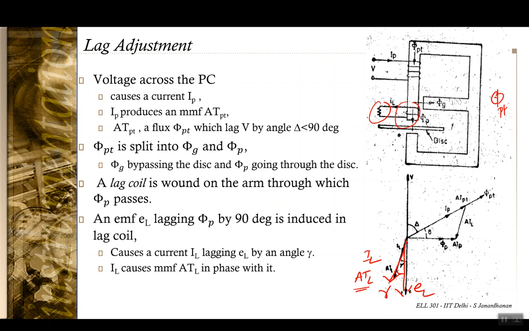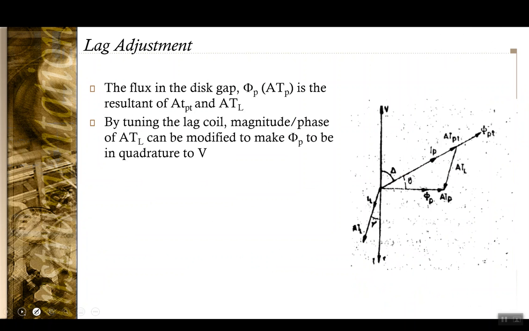So there is a residual, that is phi pt minus phi g, that flows through this gap, and also an additional resultant from this MMF in the lag coil. These two components result in this phi p.